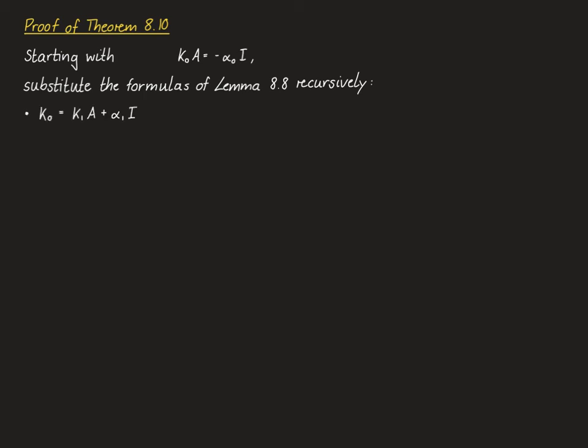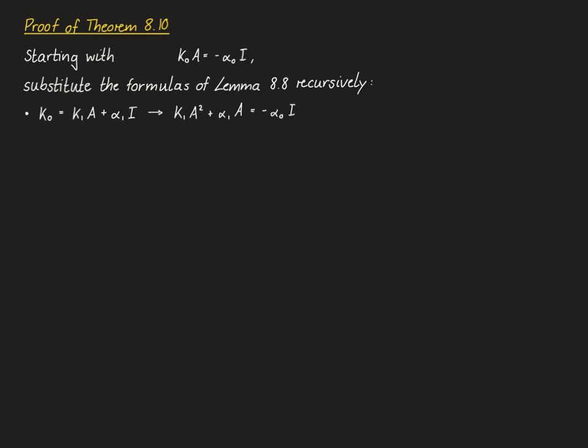So in the first step, k_0 equal to k_1 A plus alpha_1 I substituted for k_0 here yields k_1 A squared plus alpha_1 A is equal to minus alpha_0 times the identity.